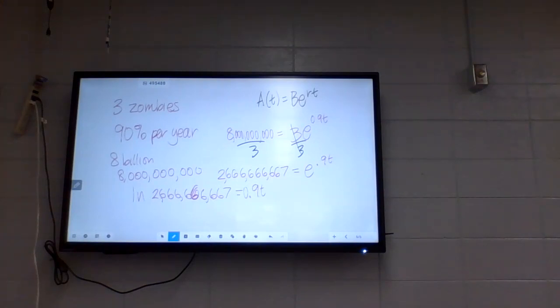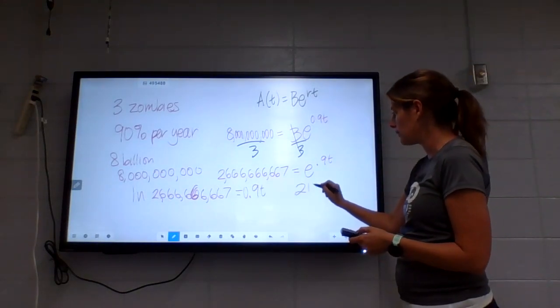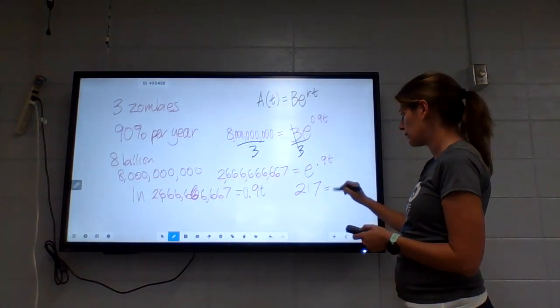So I'm going to take ln of that huge number. And I get like 21.7-ish.